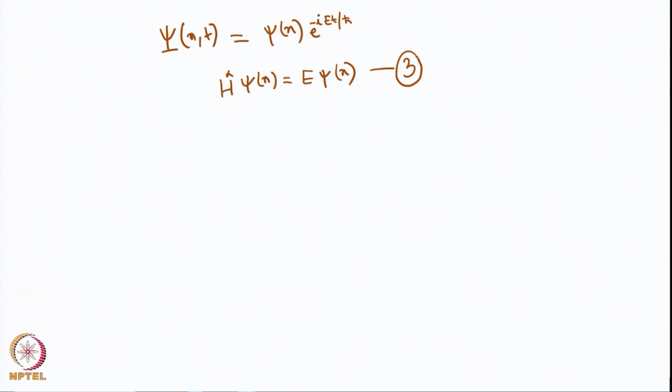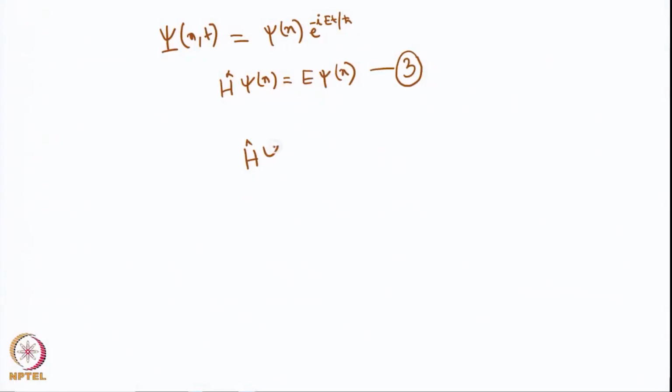If you want to know how to solve this equation, then you might want to look up other NPTEL courses such as Introduction to Quantum Chemistry by Professor K.L. Sebastian. In this course, of course, we will assume that we know the solutions.